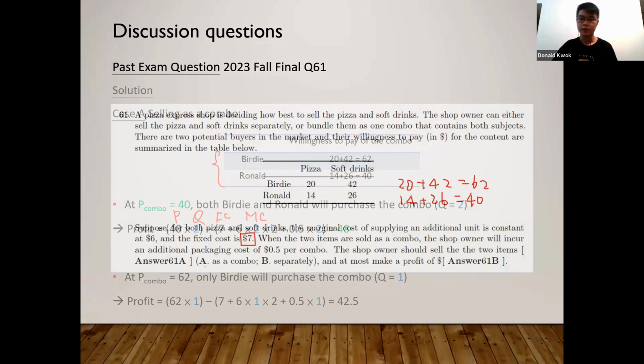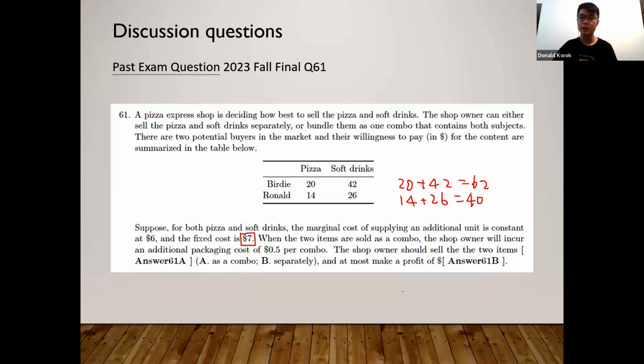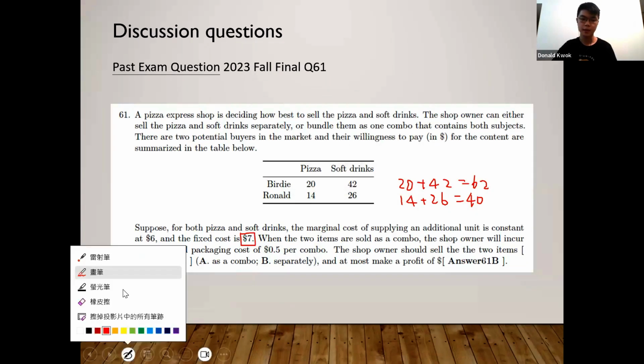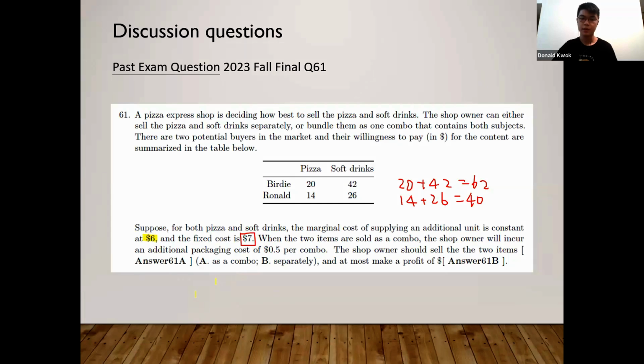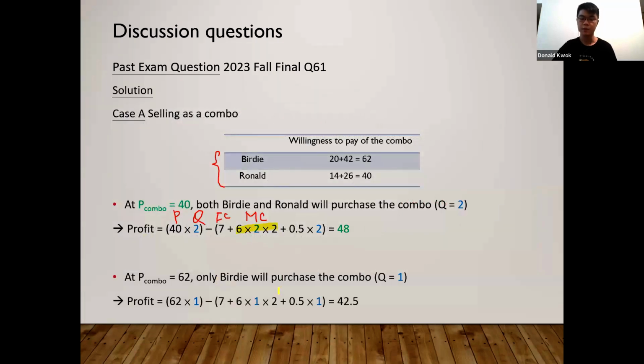For each unit of pizza or soft drink, it will be at the marginal cost of $6. So this is why we have 6 times 2 times 2. Two goods in a bundle, and we are selling 2 bundles in total. So 6 times 2 times 2 is the variable cost in supplying these pizza and soft drinks.